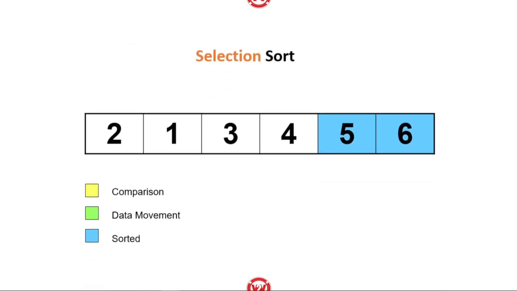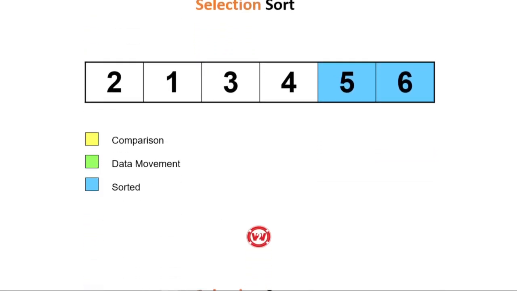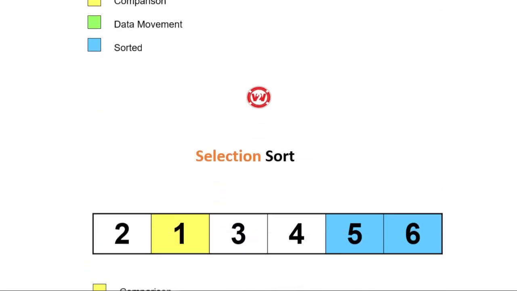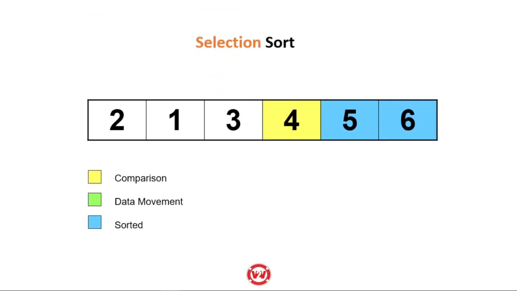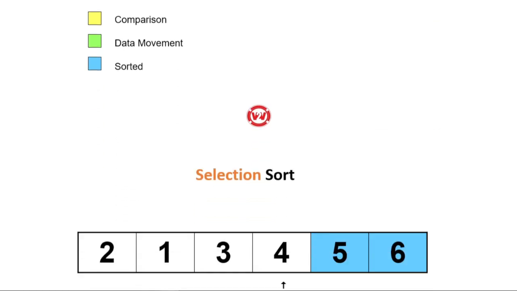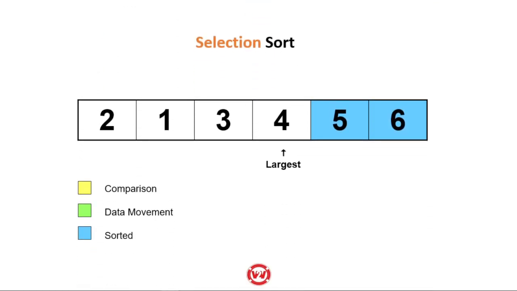Next, I restart again. I start comparing 2, 1, 3 and 4. Now, I'm not going to go further because 5 and 6 are already sorted. So, I do not have to further move ahead. So, yes, 4 is the largest element. But with whom am I going to swap 4?